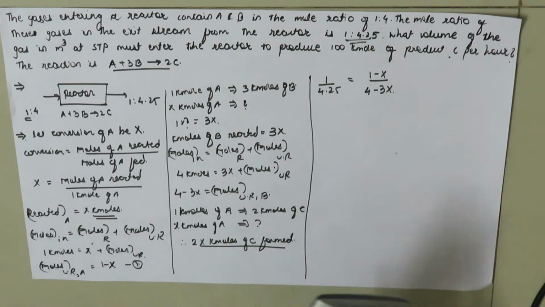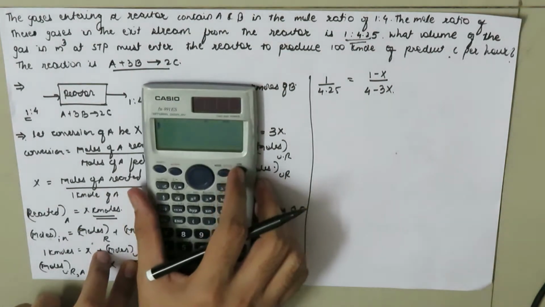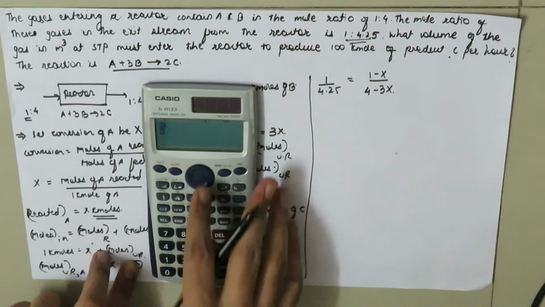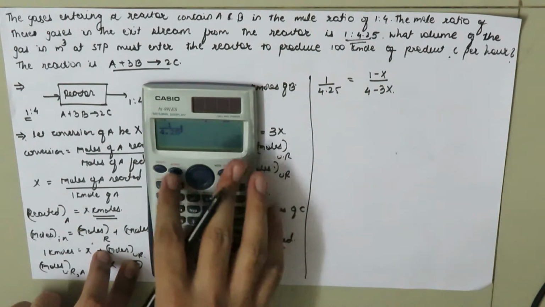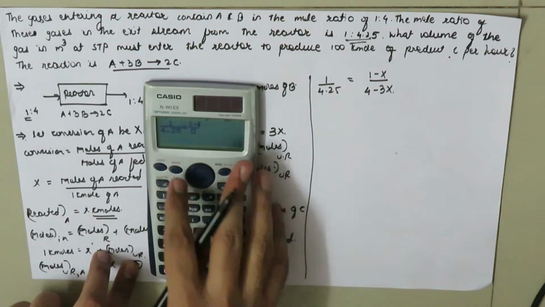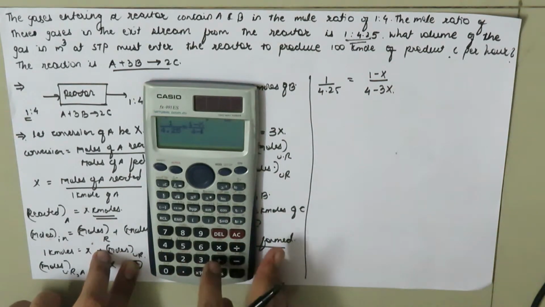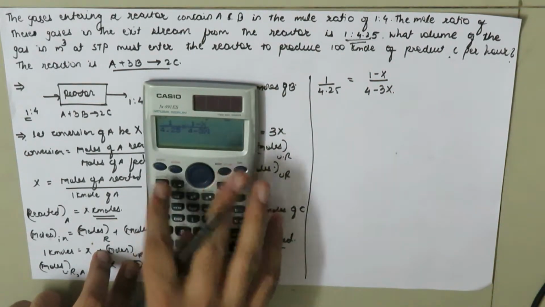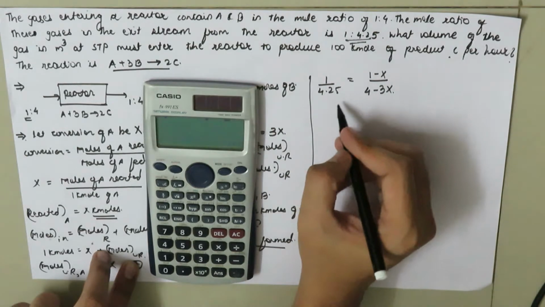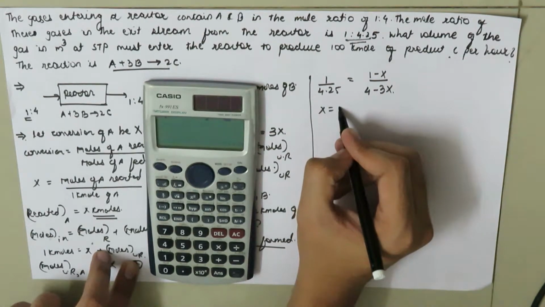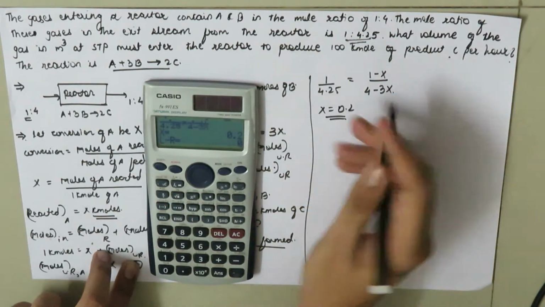Let me take out my calculator. So 1 over 4.25 is equal to 1 minus X divided by 4 minus 3 times X. So the conversion will be equal to 0.2.